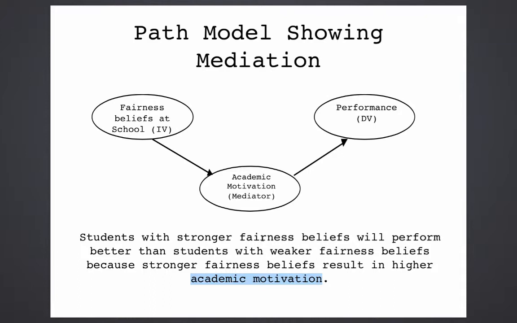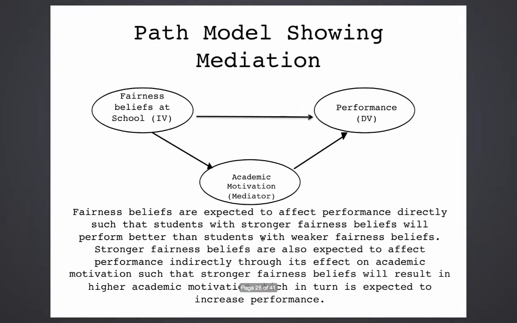This theory could be modified. Maybe research is done that establishes that this is true, and someone comes along and says, well, it's also possible for fairness to have a direct effect on performance. So fairness beliefs has a direct effect on performance. All I've done with this slide is add in our direct effect, and it makes for a much wordier hypothesis, but the same ideas are at play.